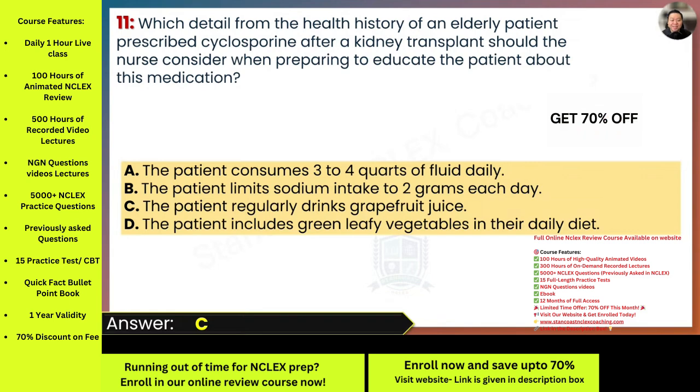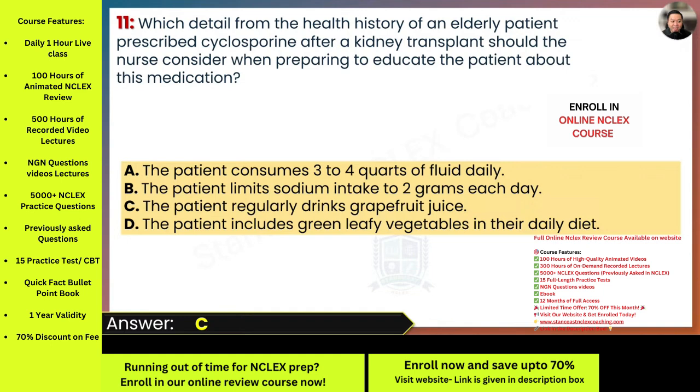Well, because the grapefruit will inhibit the liver enzymes which are responsible for metabolizing cyclosporine. And again, like I've said, grapefruit juice can increase the concentration of the cyclosporine in the bloodstream. This will lead to side effects or toxic effects, which will result in kidney damage.